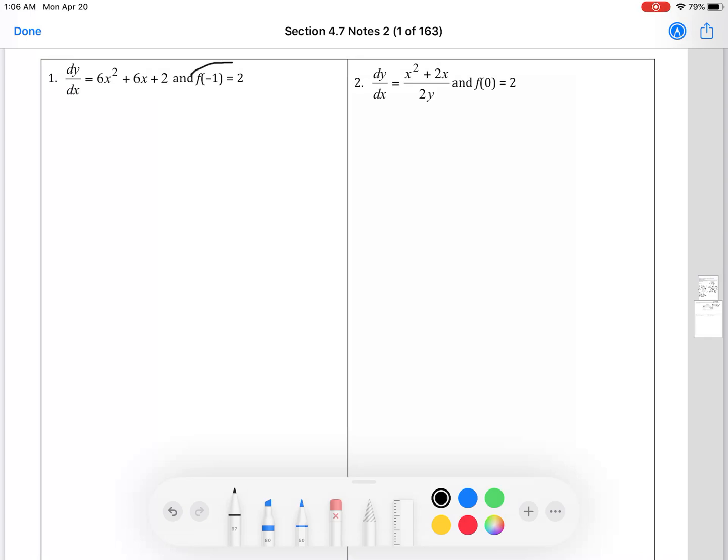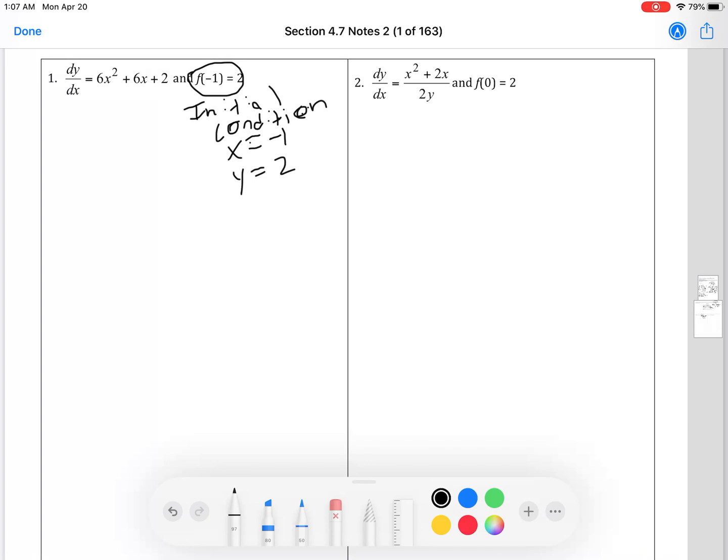But I like to write the initial condition as something a little bit easier to understand than function notation. So I like to call this x equals negative 1 and y equals 2.